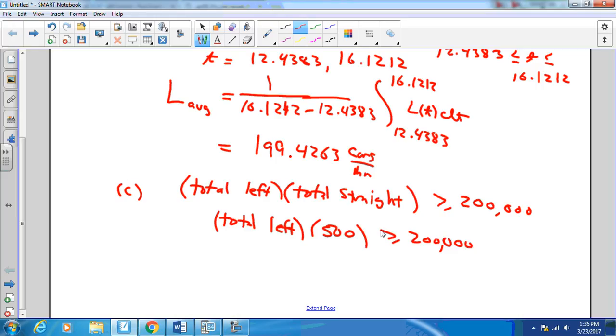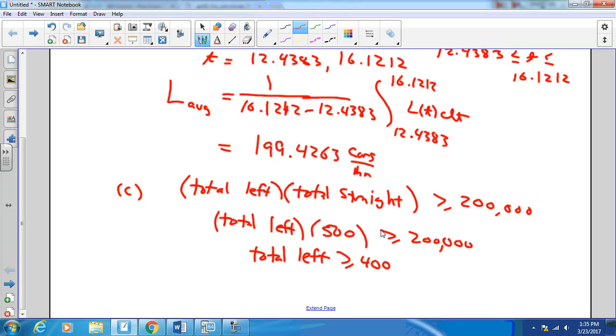Which means if I go ahead and divide here, now something's bothering me. Oh, we're good. Okay. That means that the total turning left has to be greater than or equal to 400 during that time interval.